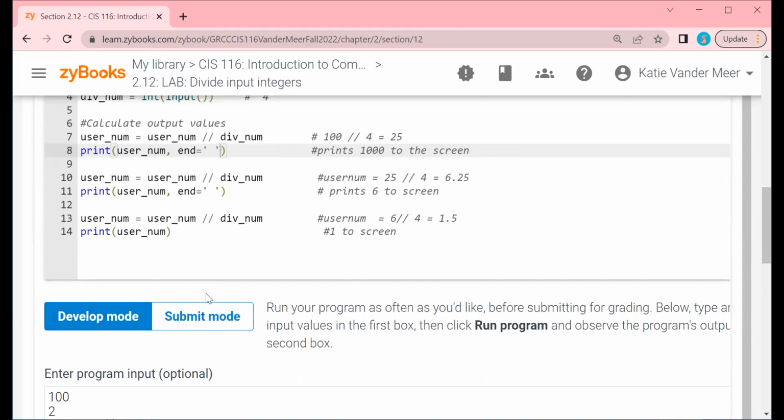In this instance, would the backslash n work the same way? Well, it's the same concept, but the backslash n is an escape sequence that means a new line, so not a space.